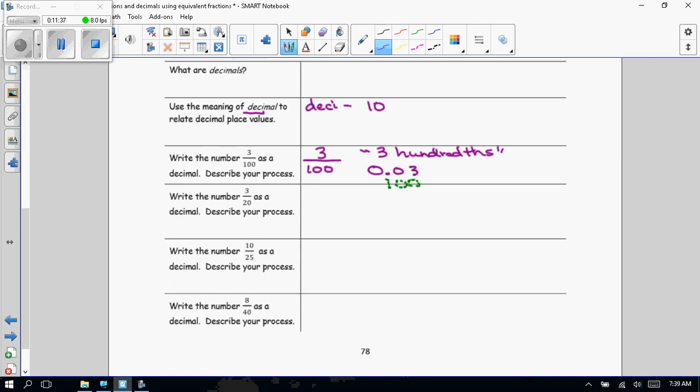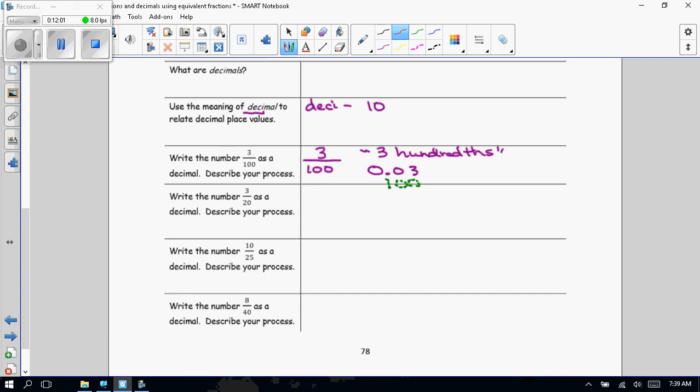But take a look at my next one. It's not a power of 10. It's a 20. So we're going to do this one a little differently. The key to this is to find powers of 2 and 5. Like if you went back to factor trees. Do you guys remember factor trees? Kind of have to use that idea of a prime factorization tree to help us figure this one out.